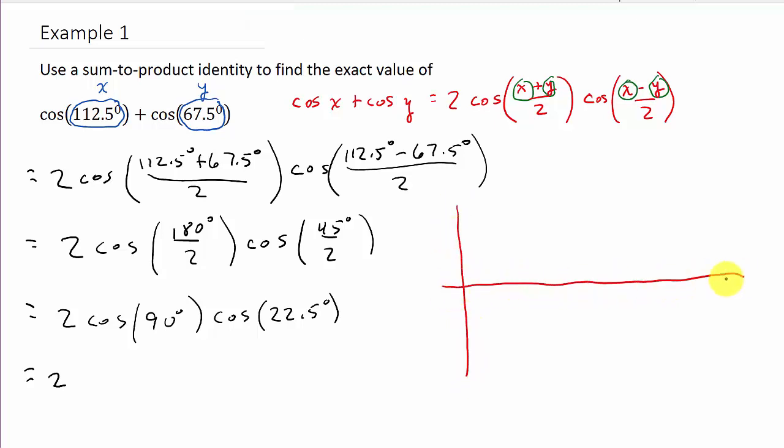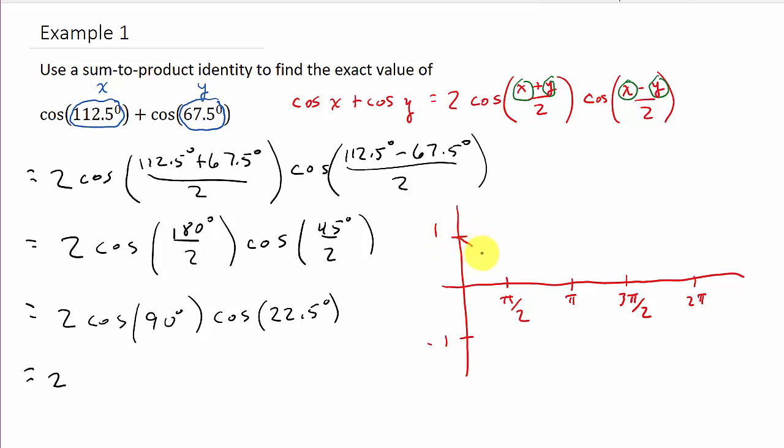That's a special angle. You should be able to, at this point, sketch the basic graph of cosine x real quick, in case you forget that the cosine of 90 is 0.